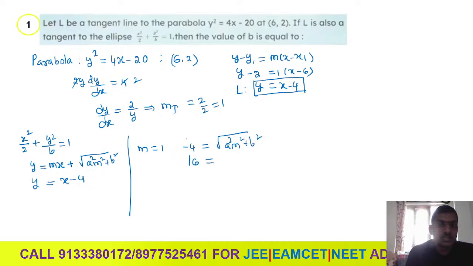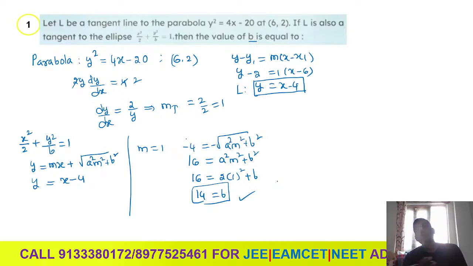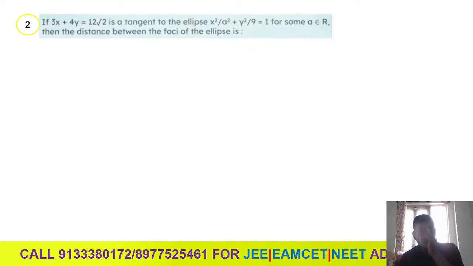So 16 equals a square m square plus b square. Here a square is 2, m square is 1, b square is b. Then 14 equals b. The value of b is 14. Clear? Right. Next question, question number 2.